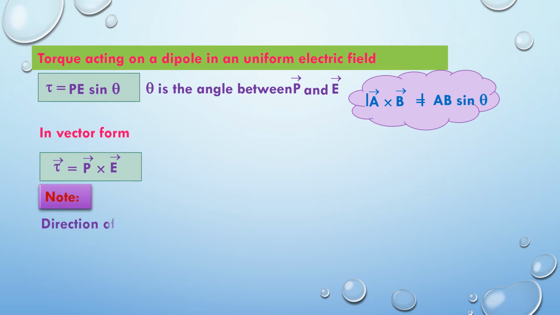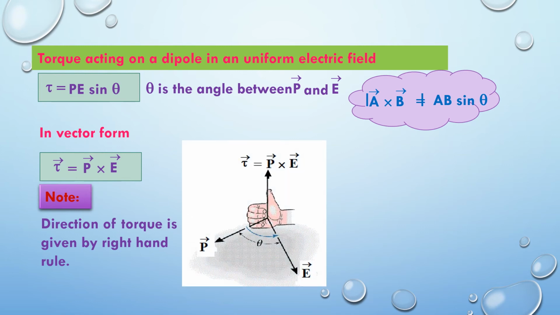Point to remember, the direction of the torque is given by the right hand rule, which is used to find the resultant direction of two vectors.